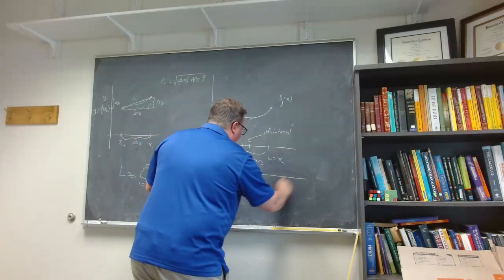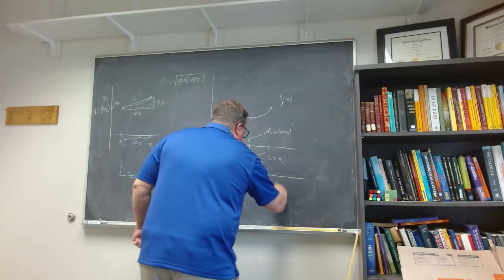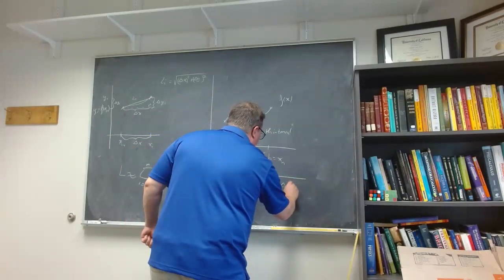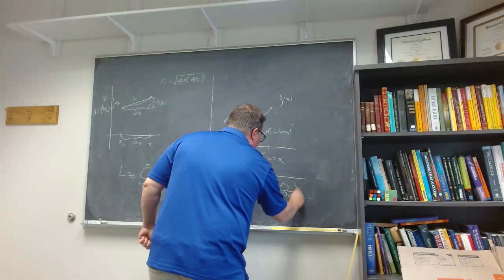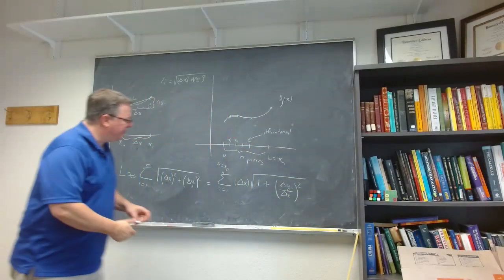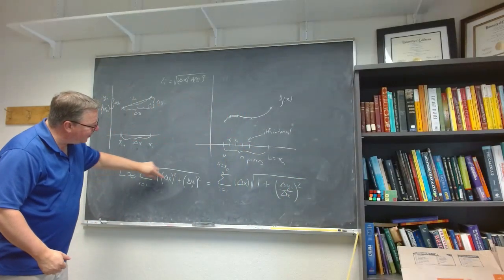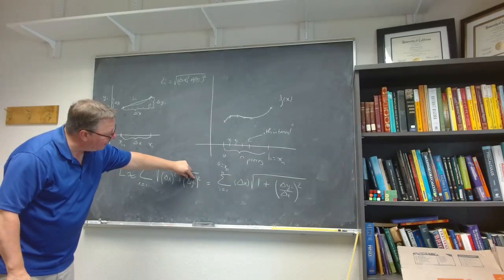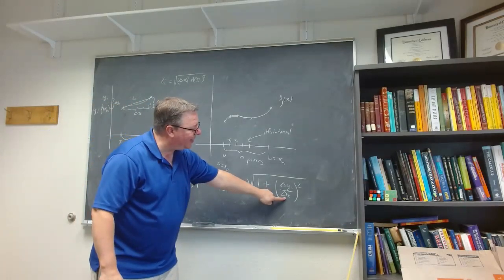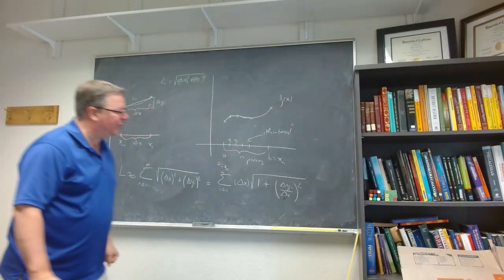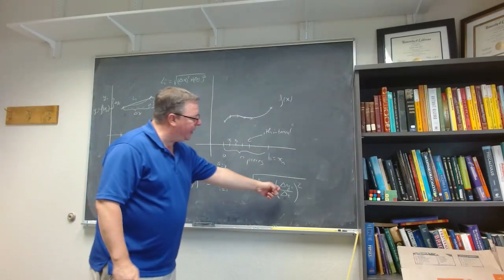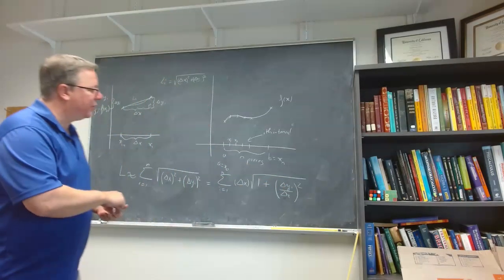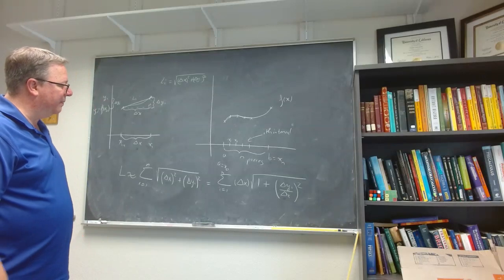And inside the square root, I get 1 plus delta y sub i over delta x, all being squared. That's because when I pull out a square here, I also have to pull it out from here, which means it ends up dividing the delta y sub i squared. And since both of them are being squared, I can pull the square completely out.